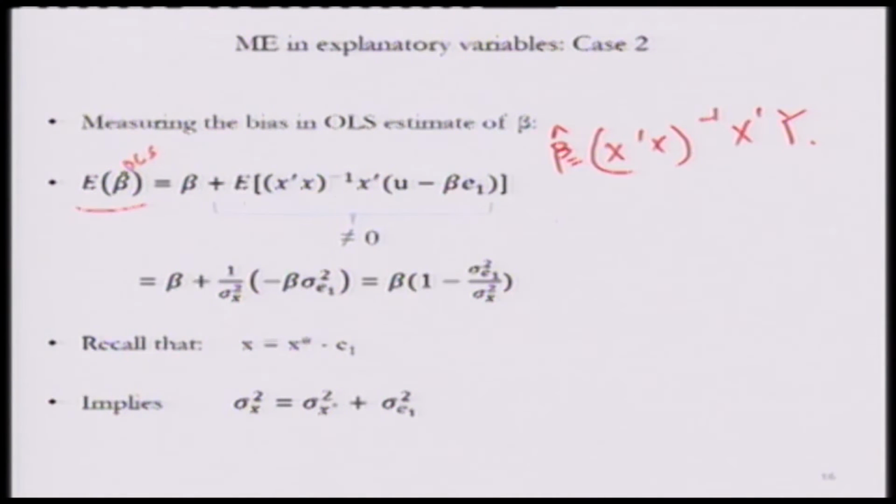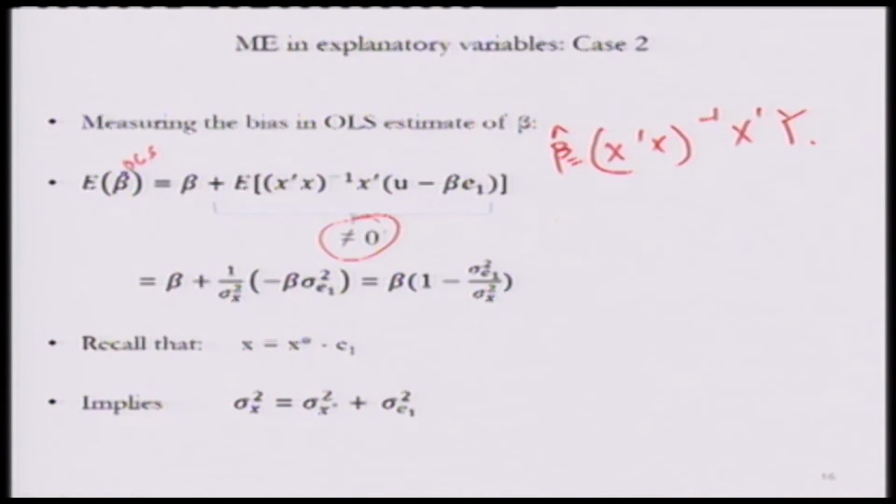We are left with beta plus the bias term, which is given by x prime x whole inverse x prime times the new error term, which is u minus beta E1. All we need to do is expand this term, which is not equal to 0, because, remember what we just saw in the previous slide, x and the new error term are correlated. Hence the expected value of beta hat does not converge to the true value of beta.